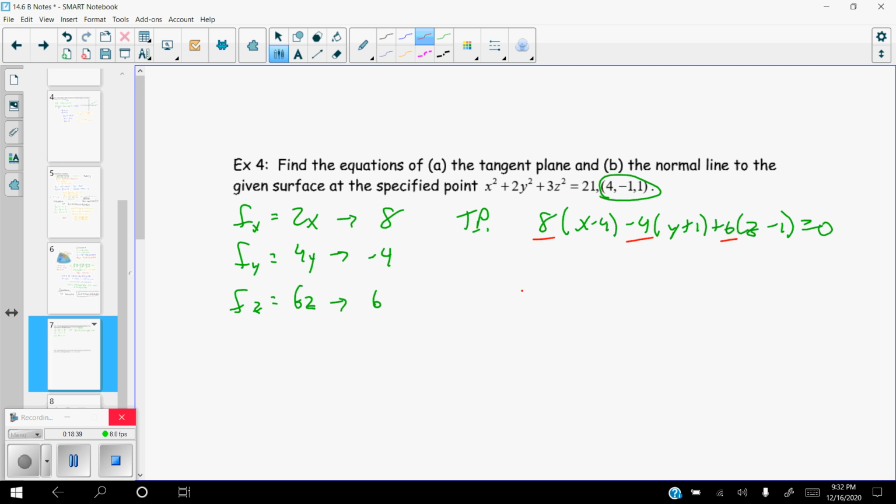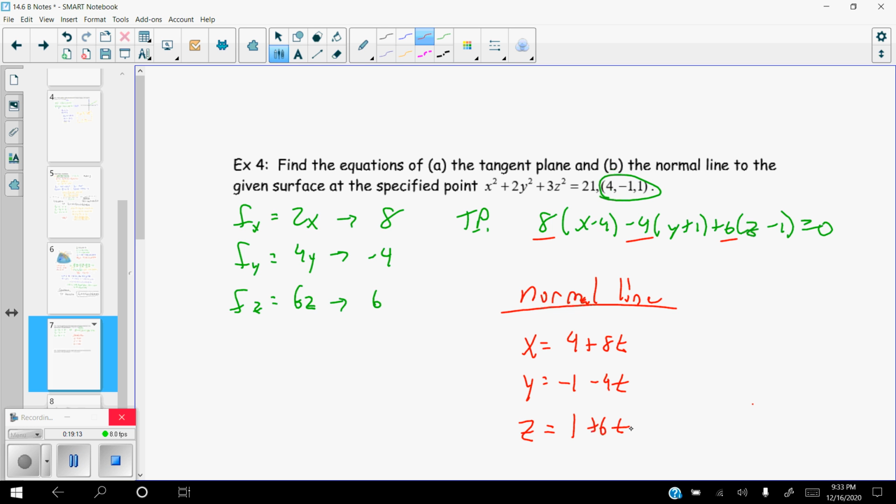So my normal line, it's been a while since we've written the equation of a line, is x equals, where did we start? Well, we started at 4, because that's the starting point, plus a slope of 8, so 8t. y starts at -1, and it's got a slope of -4, so -4t. And then z starts at 1 and has a slope of 6t. So that would be the equation of the normal line.